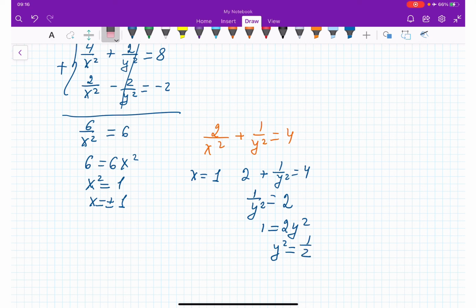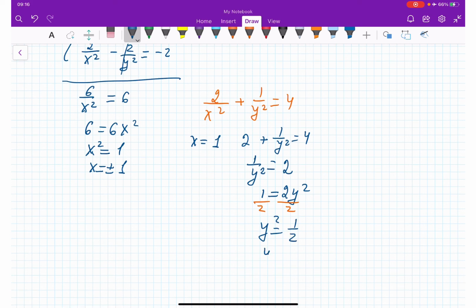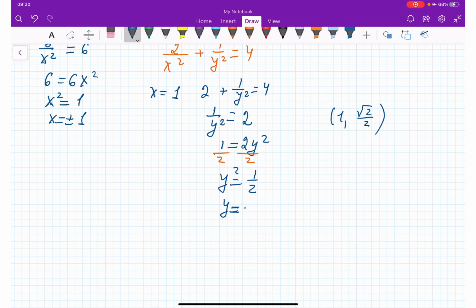Why? Because, let me show, we divide by 2 here, divide by 2 here, and y squared is equal 1/2, and y is going to be equal plus minus square root of 1 over 2, which is equal plus minus square root 1 over square root 2, which is equal plus minus 1 over square root 2.